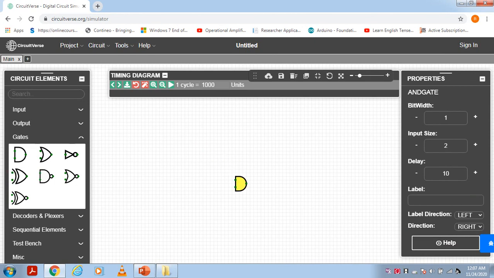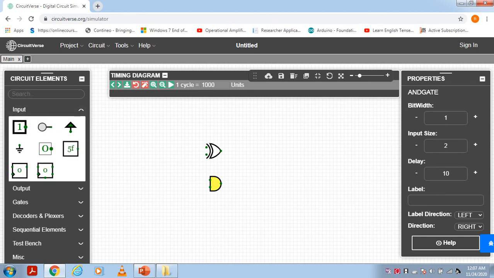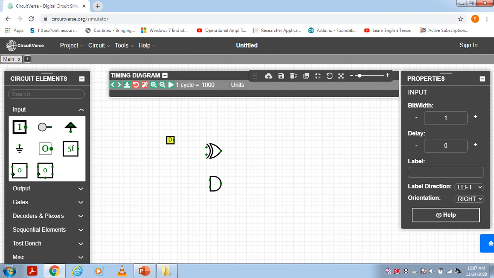Next one is this is XOR gate, and this one will be the AND gate. Okay, how many inputs? There are two inputs. Select the input like this.